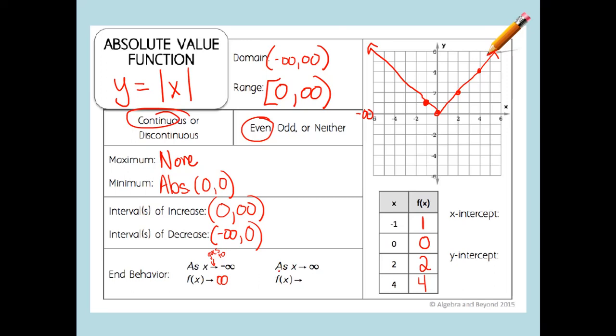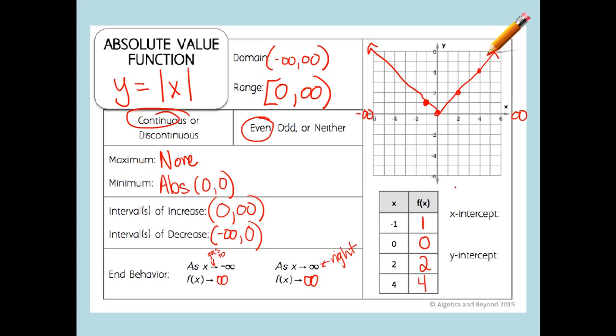And then they're asking, as x goes to infinity. So this is the keyword for what's happening on the right-hand side of our graph. As x goes to infinity, f of x, the y, is going towards also infinity, right? Because they're both pointing upwards.